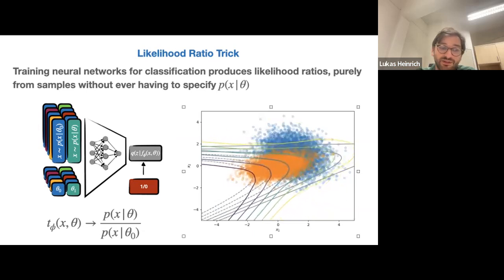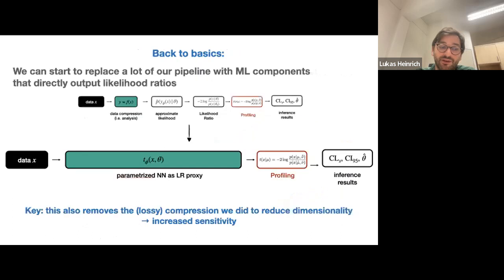And once you do this, you can start replacing a lot of the intermediate steps in your statistics pipeline with a pretty big block of machine learning. We had this initial pipeline of data compression, approximate likelihood.